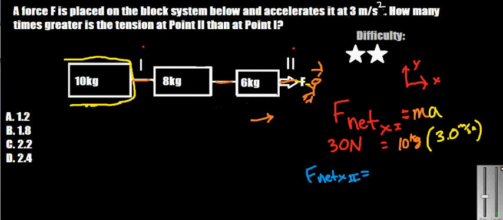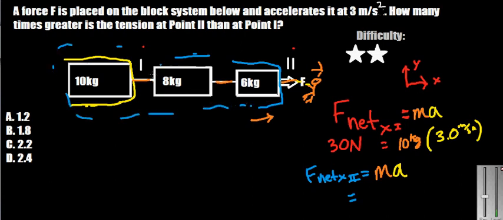And this is the same thing. This is just going to be mass times acceleration, right? And we want to find what this force is going to be. Now we're looking at the second point, which includes everything behind it, going all the way back here, all the way around.